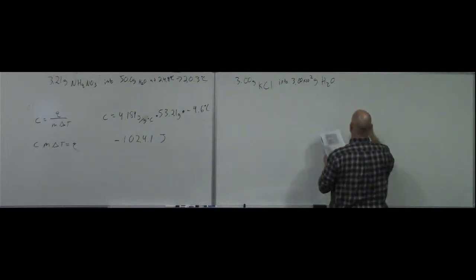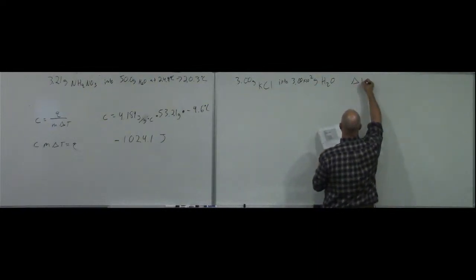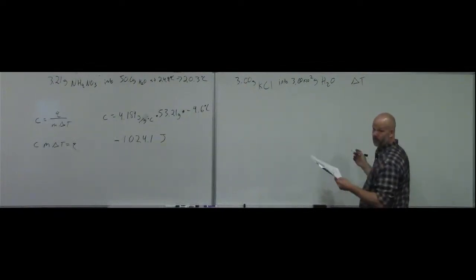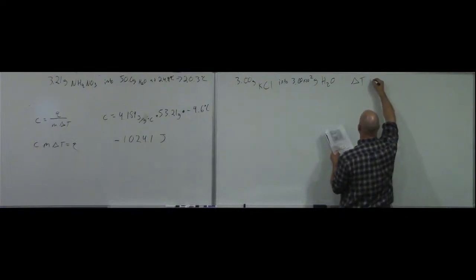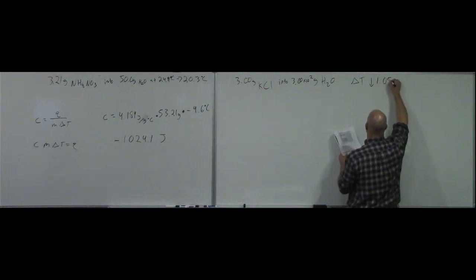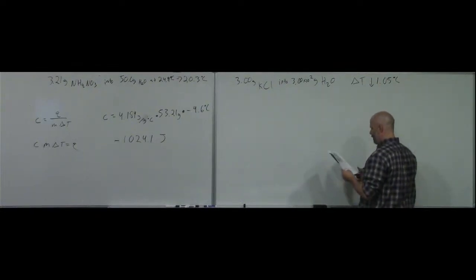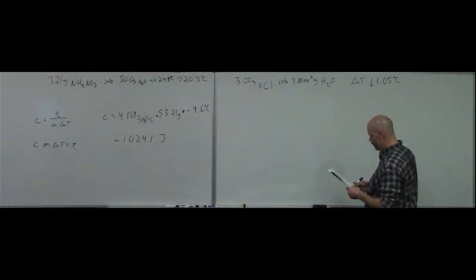The temperature decreased. So that gives me a delta T, right? They didn't give me an initial and a final, they gave me a delta T. Decreased by 1.05 degrees centigrade. How much heat is involved in the dissolution of KCl?